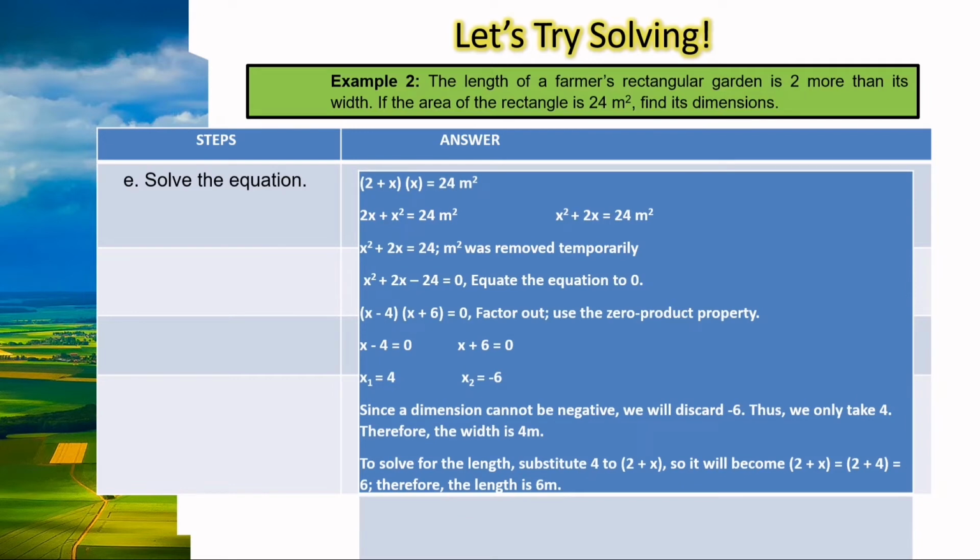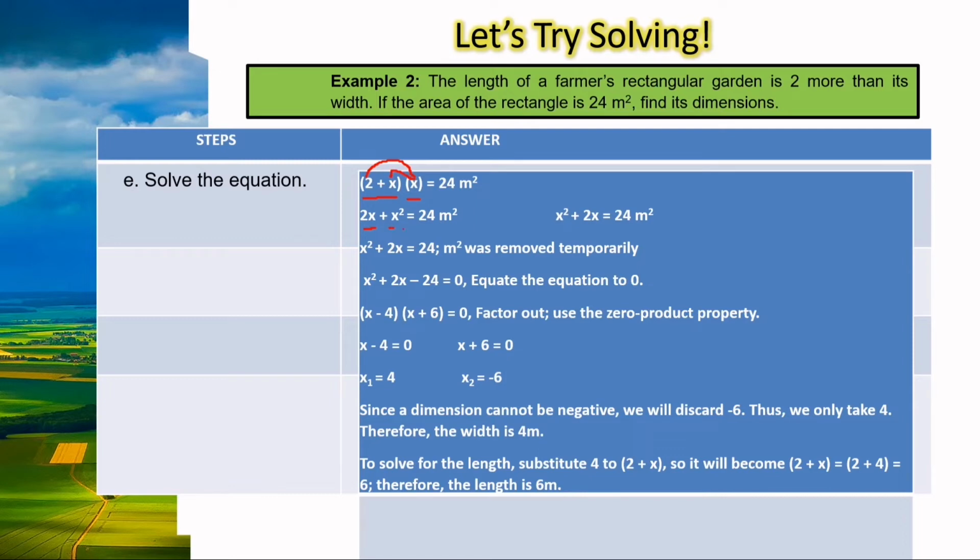As you can see here, the length is already represented by the binomial 2 plus x, and the width is represented by x. Then it is equated to 24 square meters. The next step will be to distribute. x is multiplied to 2, that's why you get 2x. Then multiply x to x, that's why you have x squared.